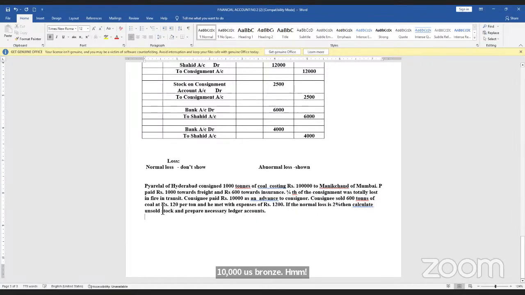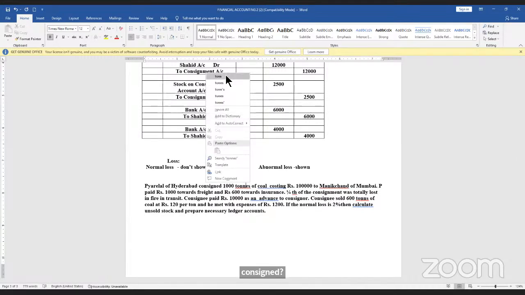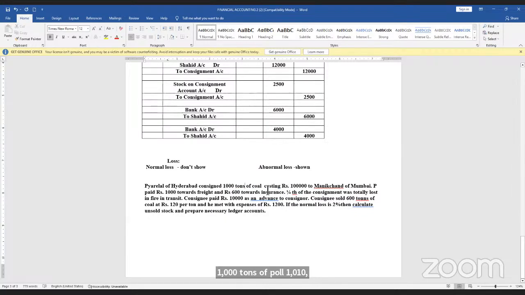Parallel of Hyderabad consigned 1,000 tons of coal costing 1 lakh to Manik Chand of Mumbai. Parallel paid 1,000 towards freight and 600 towards insurance. If one fourth of the consignment was totally lost in fire in transit, and the consignee paid an advance to the consignor, the consignee sold 600 tons of coal at 120 per ton and the expenses were 1,200.